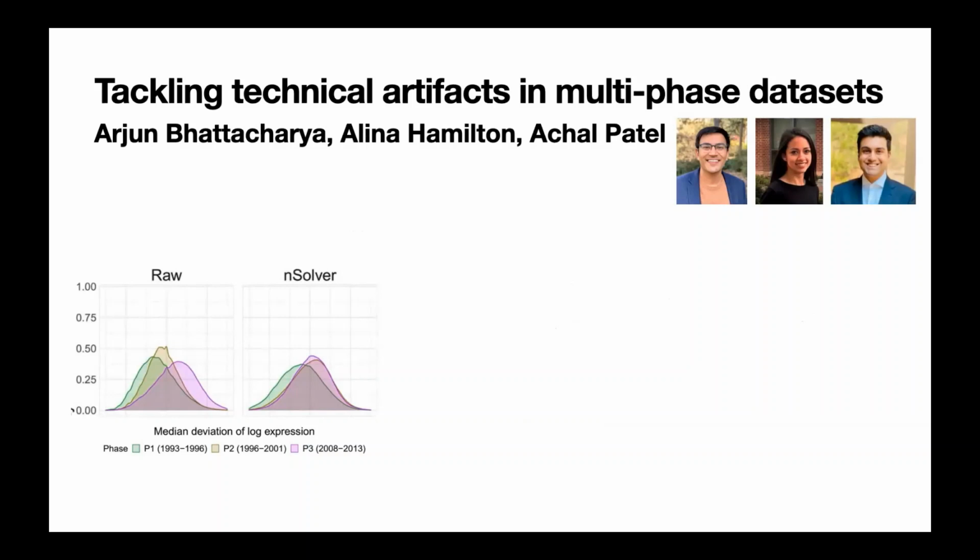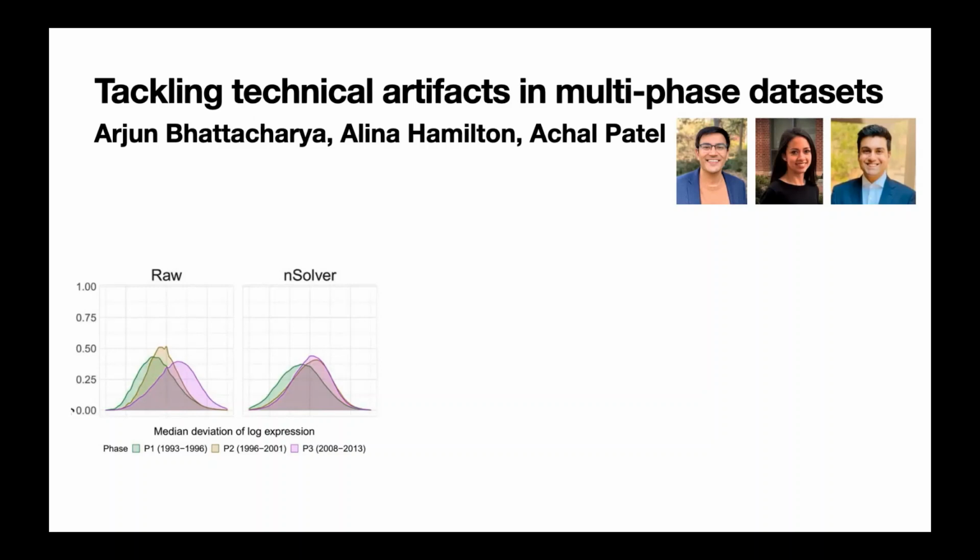The densities describe, if you take the measurement of gene expression, so you have many samples and many genes, it's a matrix that's genes by samples. And you center the data so that a gene has a mean of 0. So now you have a matrix where the rows have mean 0, and you look at the median deviation per sample. So now we have a per sample measurement.